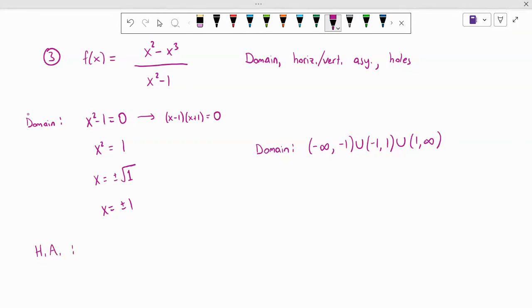And then what about the horizontal asymptotes? Looking at the degree of the numerator and the denominator, notice that the numerator has the larger degree this time.